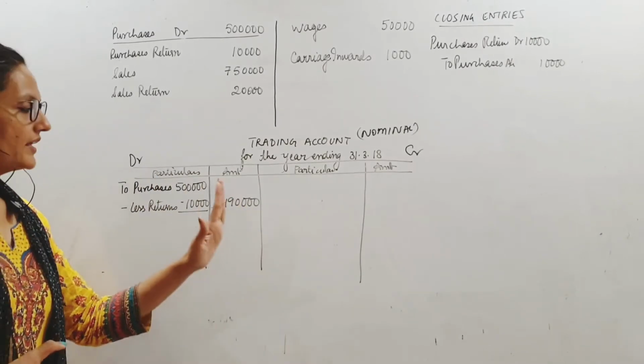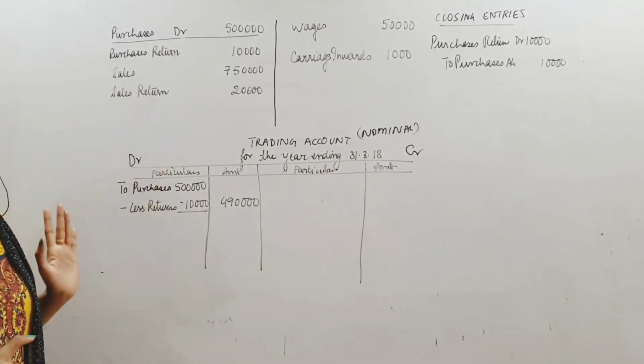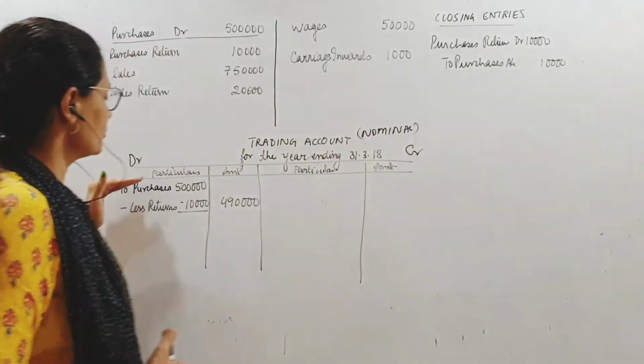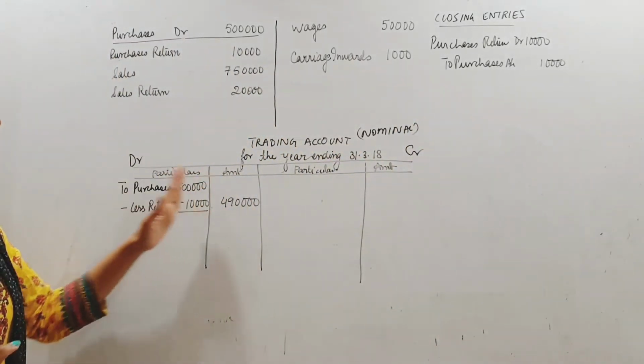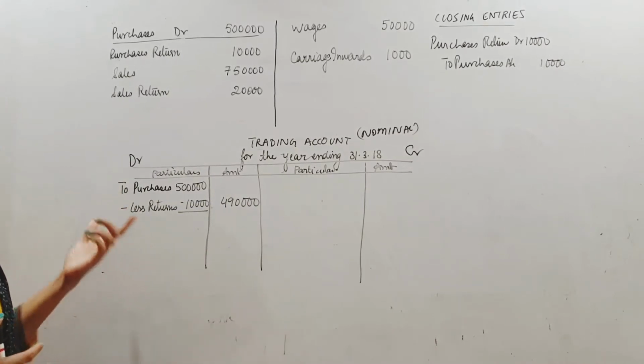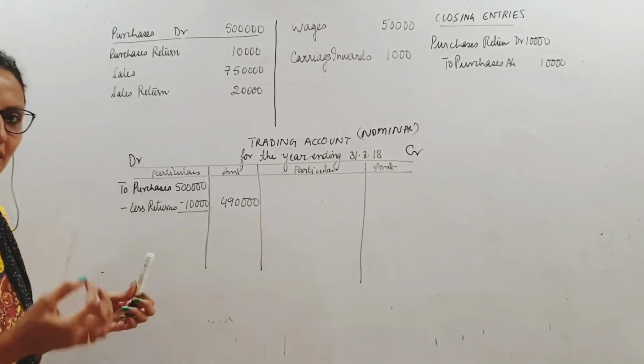Okay? So the purchases expense has been adjusted. This is the effect of that closing entry. If you are asked to pass the closing entry, you will show it. Otherwise, we can show it here itself as a working. This means this is the effect of the journal entry. But again, you should understand how this happened.